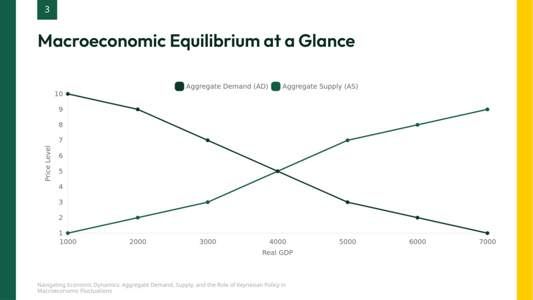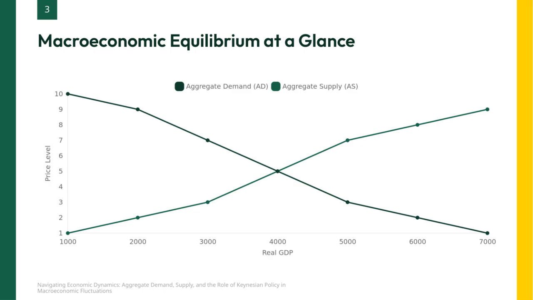Notice how the aggregate demand curve slopes downward, indicating that as the price level decreases, the quantity of goods and services demanded increases. On the other hand, the aggregate supply curve slopes upward, showing that as prices rise, producers are willing to supply more. The point where these two curves intersect represents the macroeconomic equilibrium.